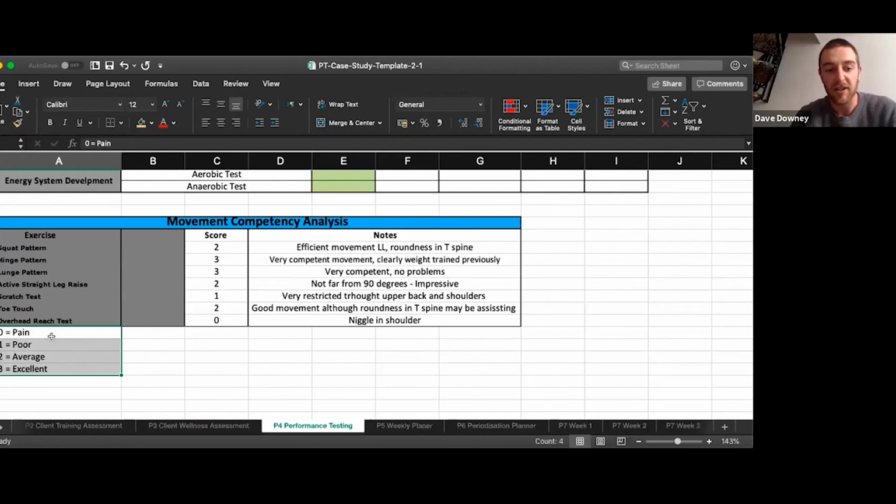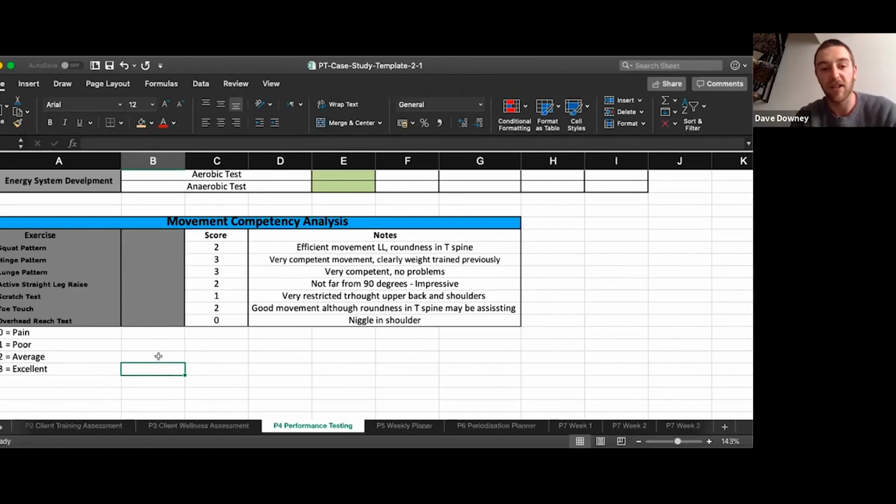That's more down to a subjective assessment on yourself, and you get better at that. Obviously if there's pain, it's a no straight away. But if you break down the movement, you've had a look at ankle, knee, hip, thoracic spine. If they're all ticked off the list where you're happy with that movement pattern, then that would be an excellent.